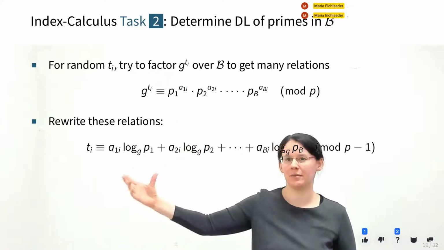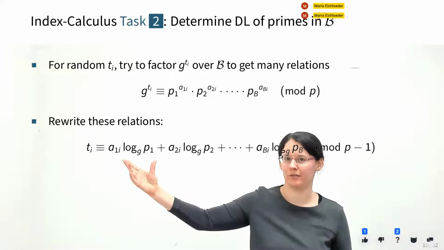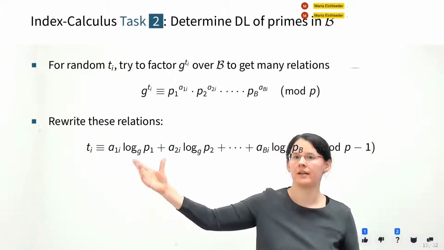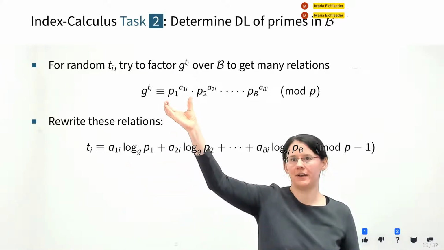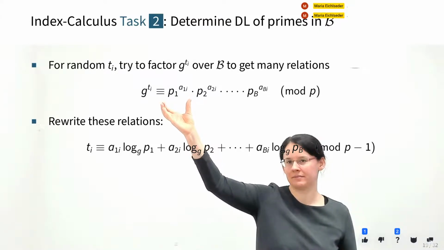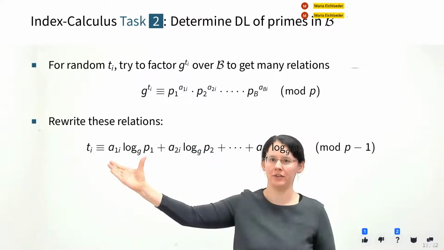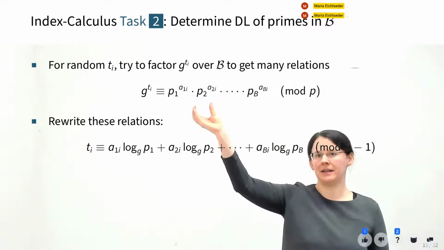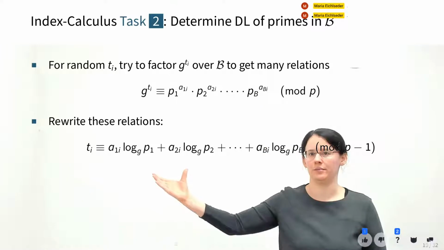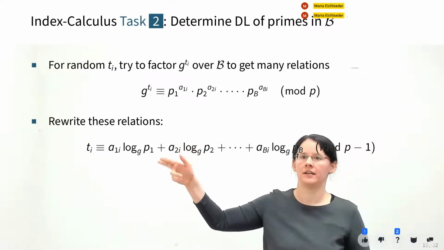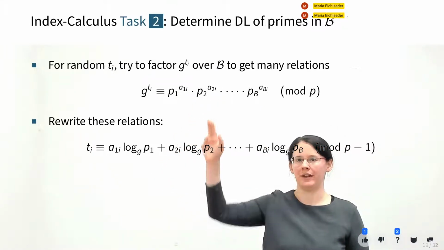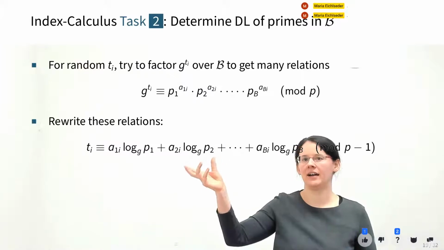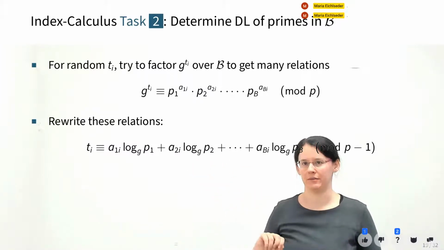And this something, in other words, is the logarithm of p. So this thing here is the same as g to the power of log p times a. So log p times a goes here, and that's the logarithm of the thing. And I do the same thing for all the other terms here. So I always get the original exponent I found by factoring times this unknown logarithm of the prime number.